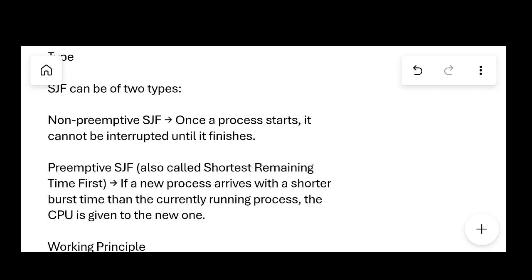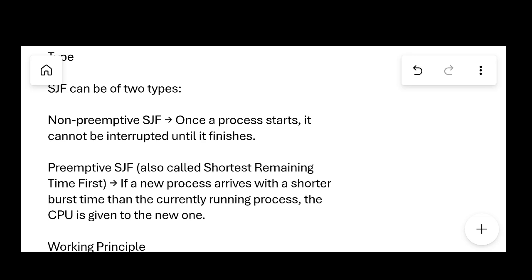Basically, imagine you are at a hospital and patients are waiting for treatment. The doctor has to decide who to treat first. If the doctor follows the first come first serve rule, then the first patient who arrives will be treated first, no matter how long the treatment takes.